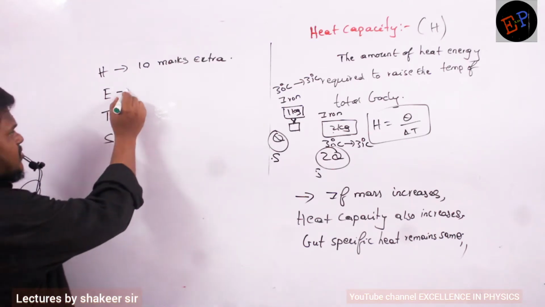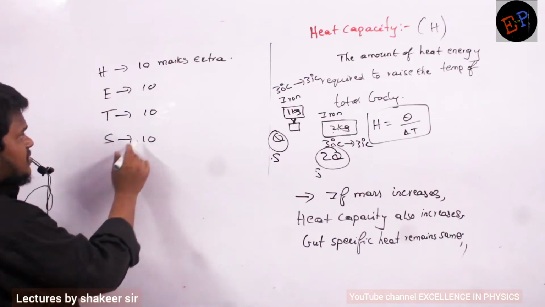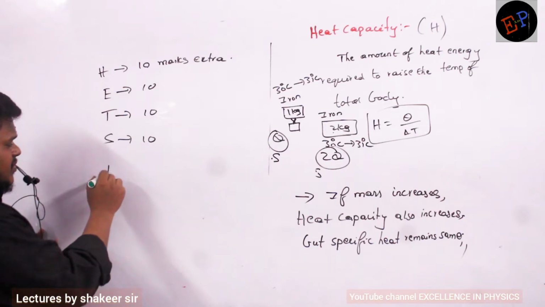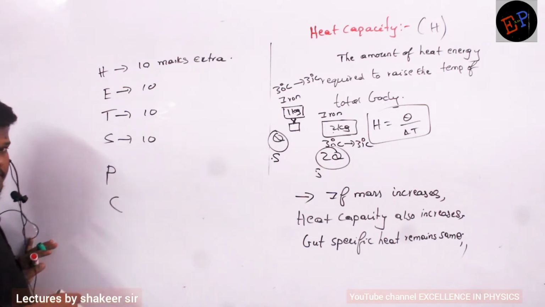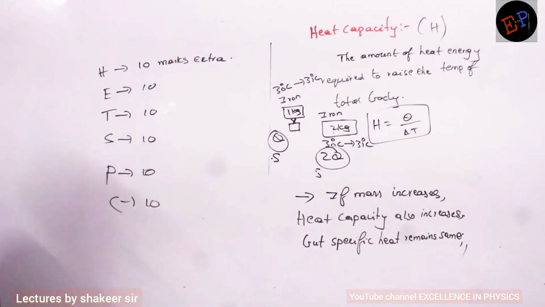Then in English also, you should score 10 marks only. Telugu also 10 marks extra. Social also 10 marks extra. Are you able to understand? But if the number of subjects increases, for example, physics and chemistry, for every subject this remains the same only, no, ma? For every subject, the amount of marks you have to raise is the same.